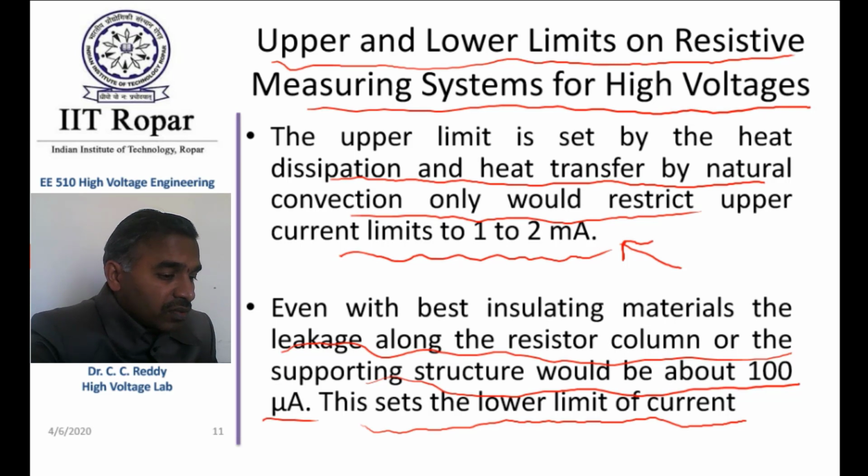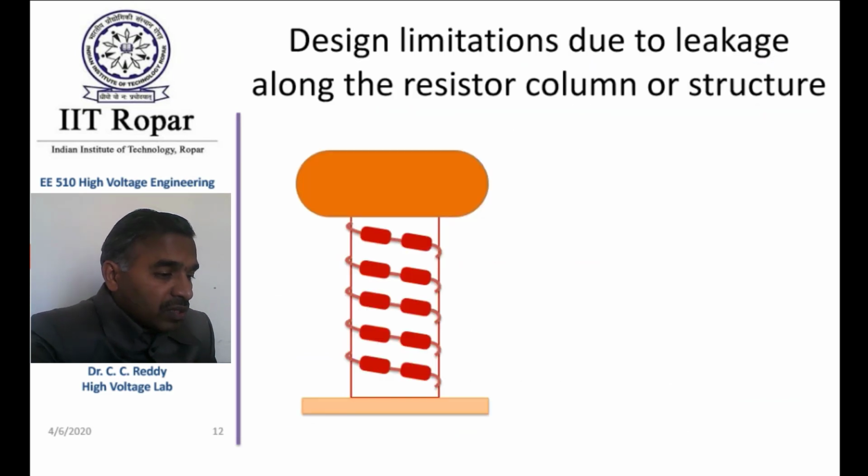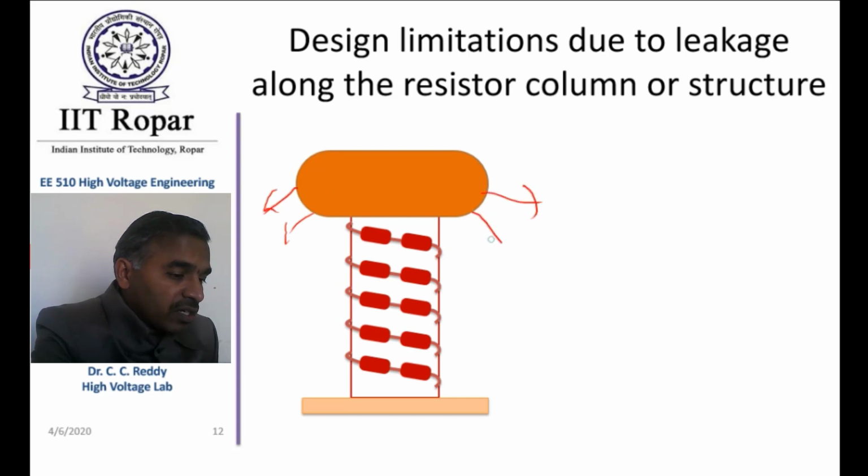So let us design for limitations due to leakage along the resistor column or structure. First let us see what all the leakage components are. Say due to corona, from here charges may go, and even from everywhere charges may go, a little bit of leakage may be there.